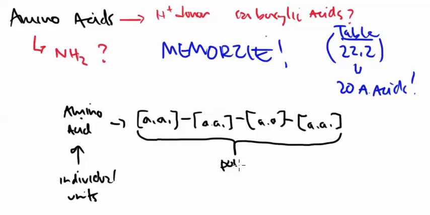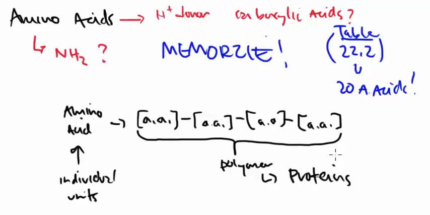We had polymers of carbohydrates. Those were polysaccharides. We have polymers of amino acids, and we call these polymers proteins. So proteins are nothing more than amino acids that are hooked up like a chain, one after another, after another, after another.